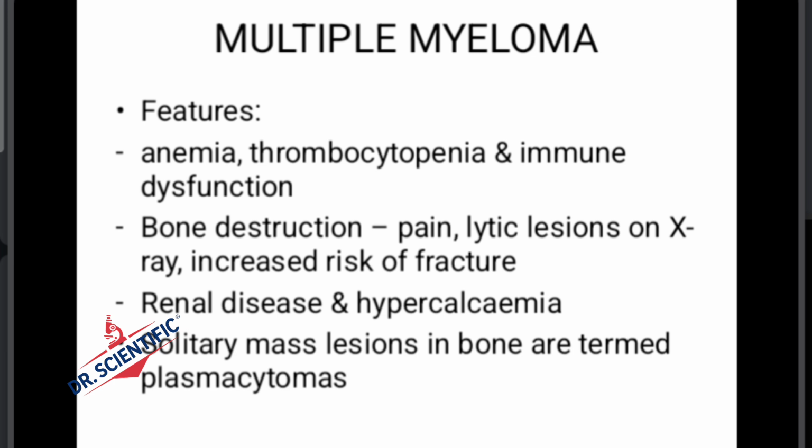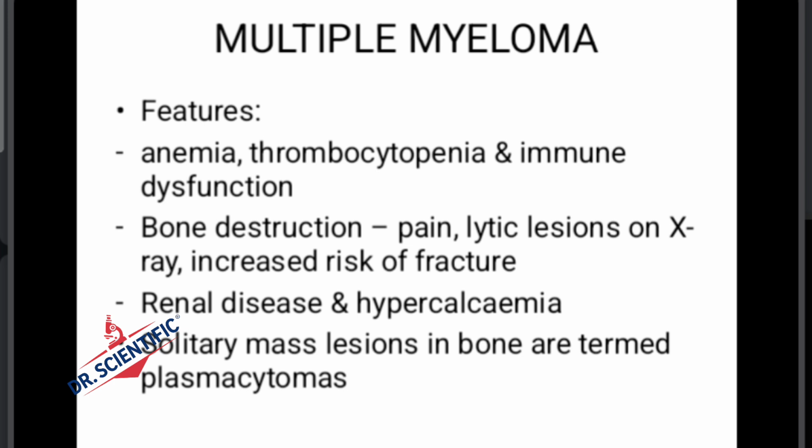And of course, because of those lytic lesions, the bone is destroyed, and there is increased risk of bone fracture. So somebody with multiple myeloma may just present with bone pain, or they may present even with fractures, and when you do an X-ray, you realize there are lytic lesions.